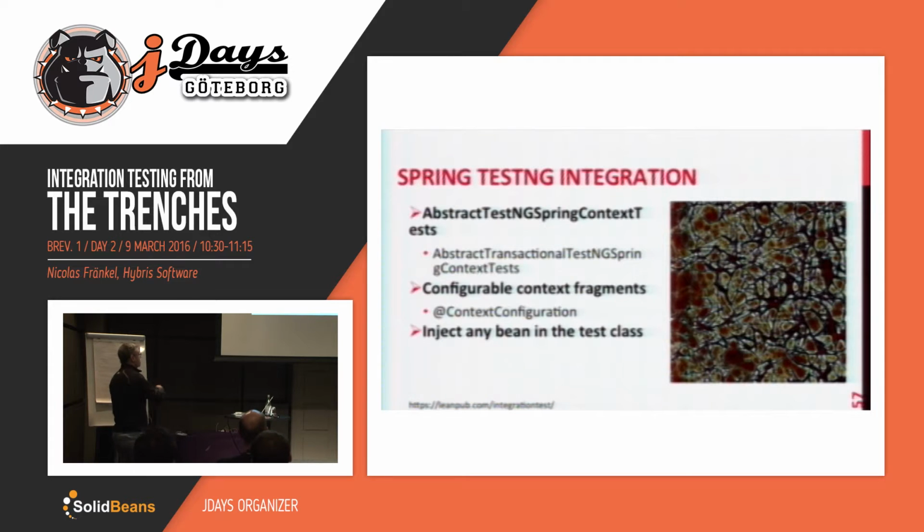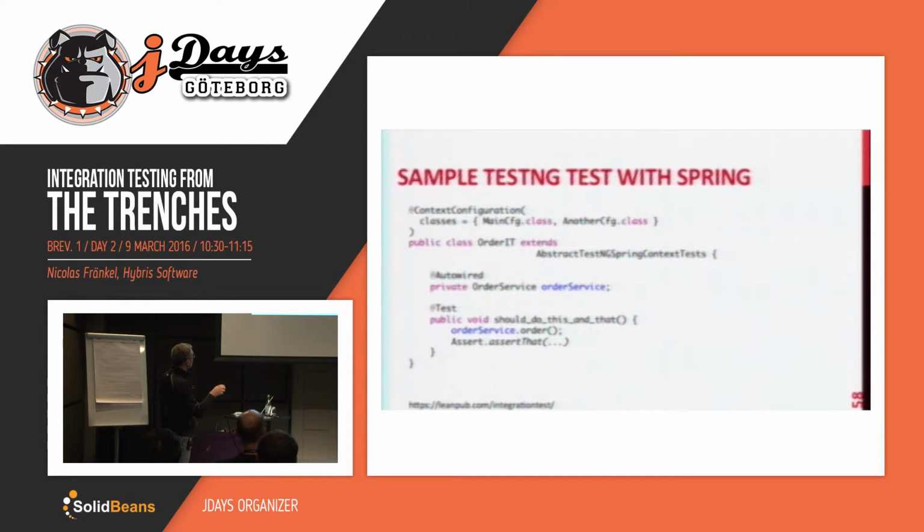And in this class, you can inject any bean that you want very easily, because Spring Test takes care of that. So you extend this class, you say which configuration classes or XML you want to use, you can autowire anything, and you use it there. And that makes for a very readable test.